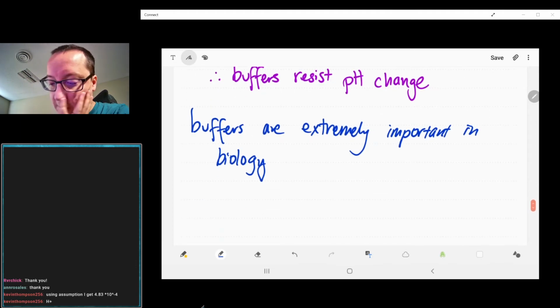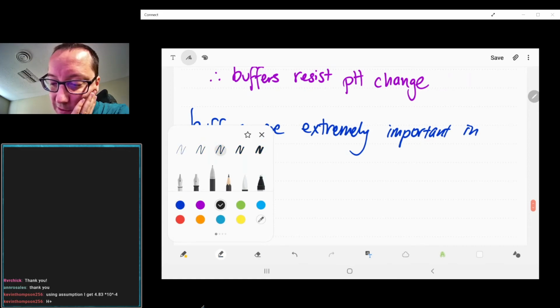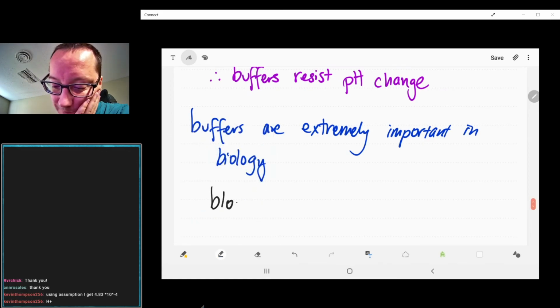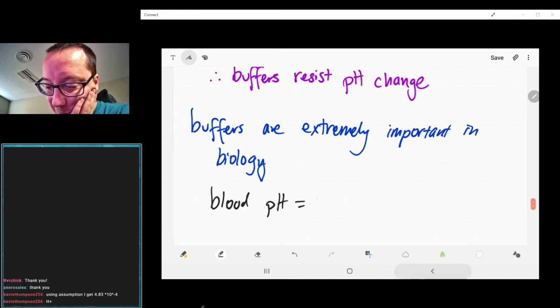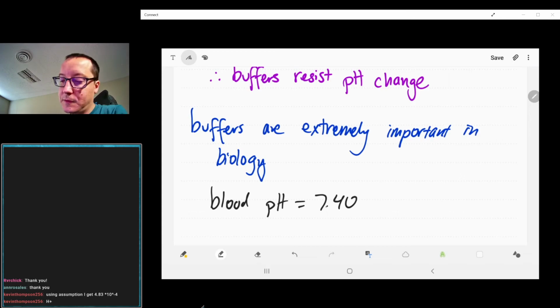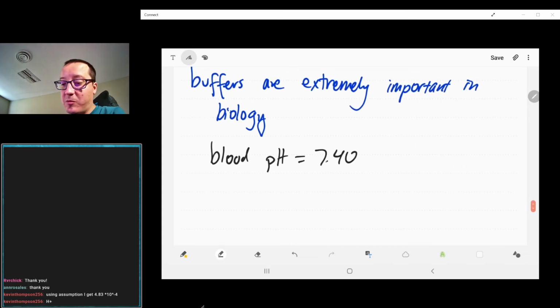In fact, our blood pH is just about 7.4. Let's say if we end up having a blood pH of 7.3, we are in acidosis.